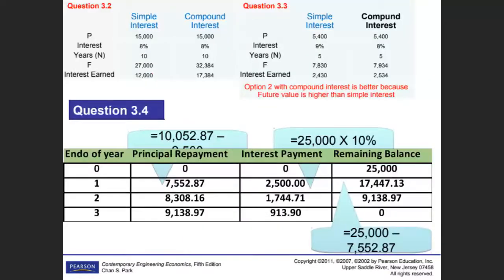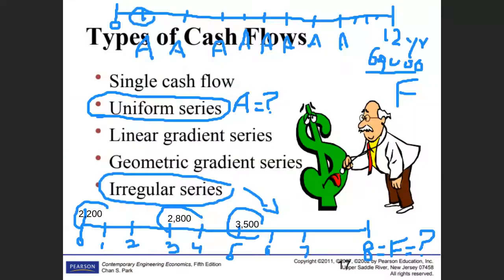But what we will be covering in our course will be only these three types: single cash flow, uniform, and irregular series. I'll share the formulas for each of them to solve the questions.